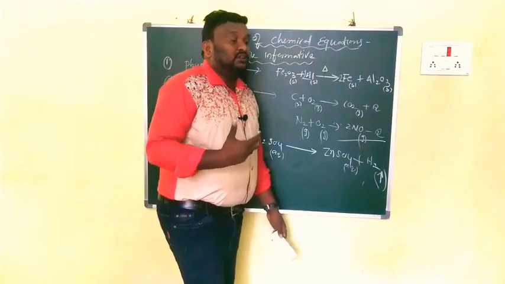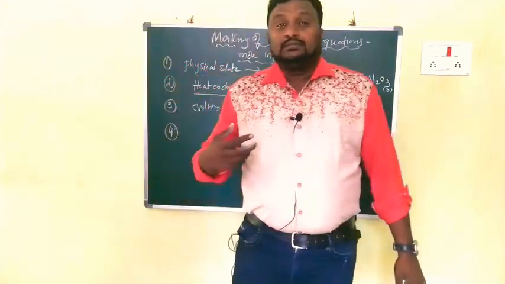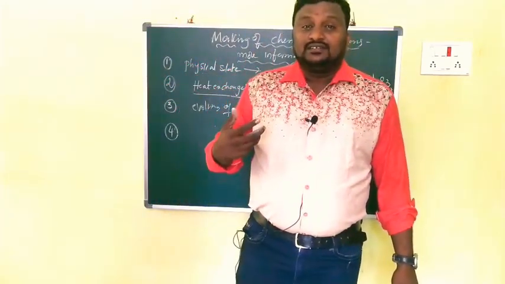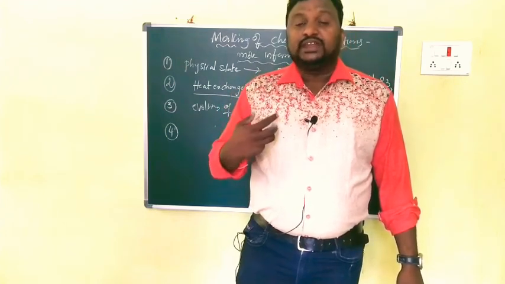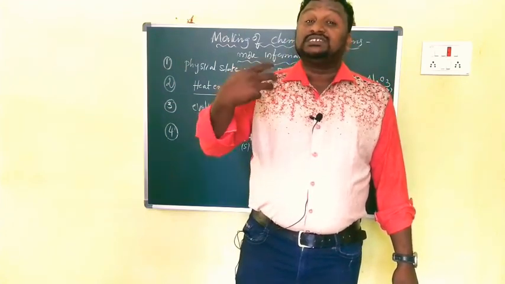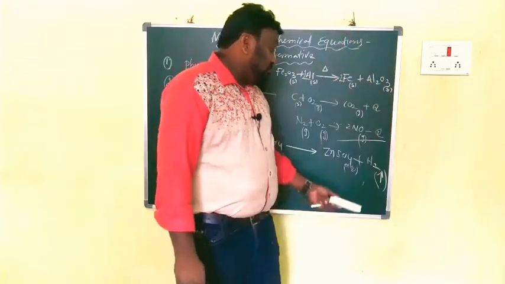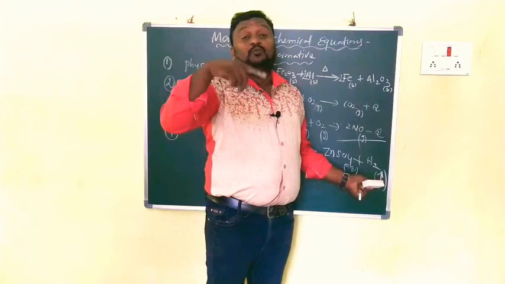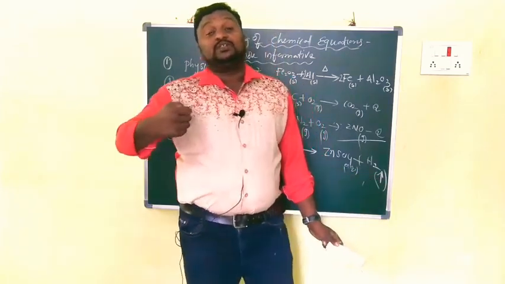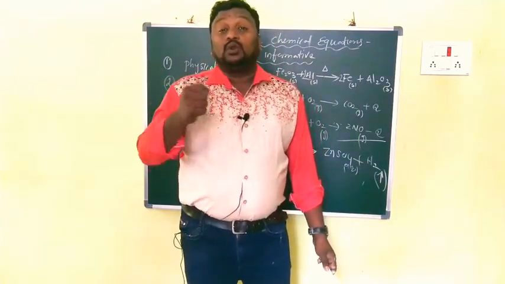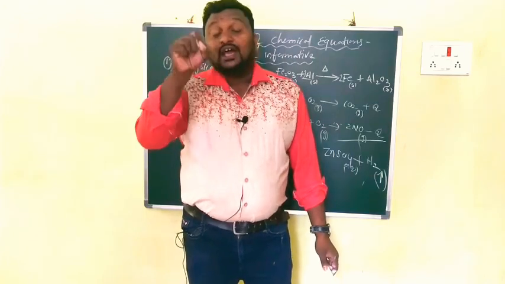How can we represent it when some solid material is precipitated? When a precipitate forms, we identify it just like in the case of gas, where we have an upward arrow. In the case of any precipitation, we have to mention it by a downward arrow.